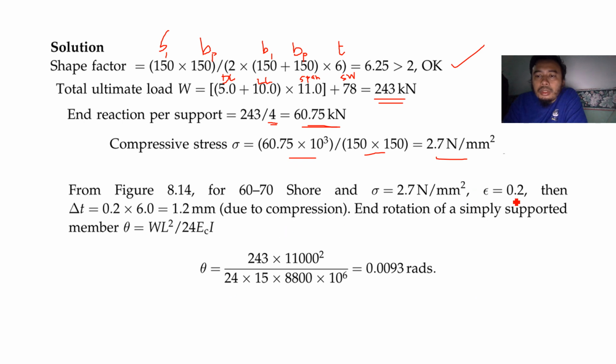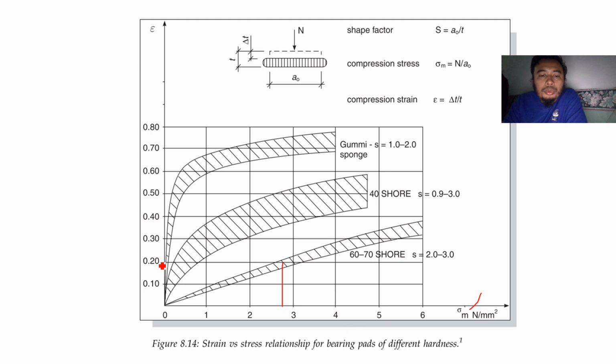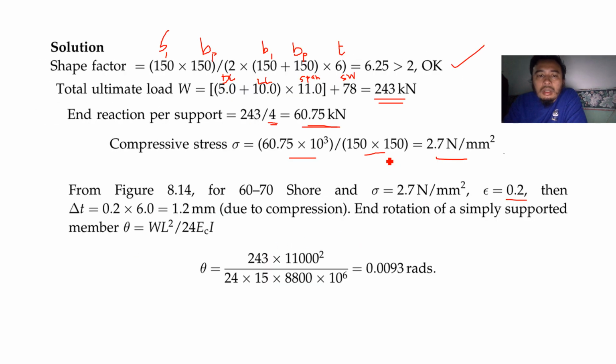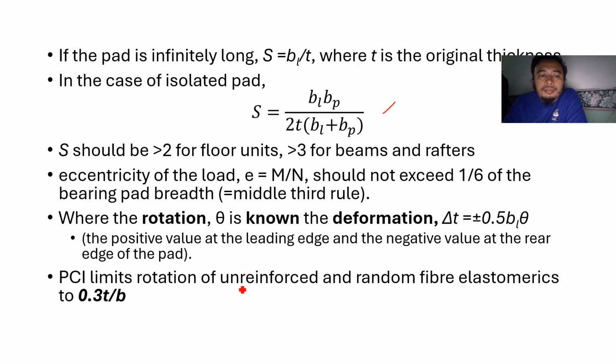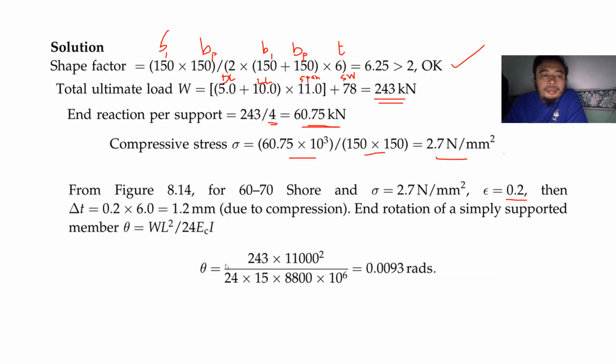So based on the figure, you get your value of strain as 0.2. From the 0.2, you can put it into the equation here of delta T. This is your equation for delta T, 0.5 plus minus 0.5 times BL times delta.